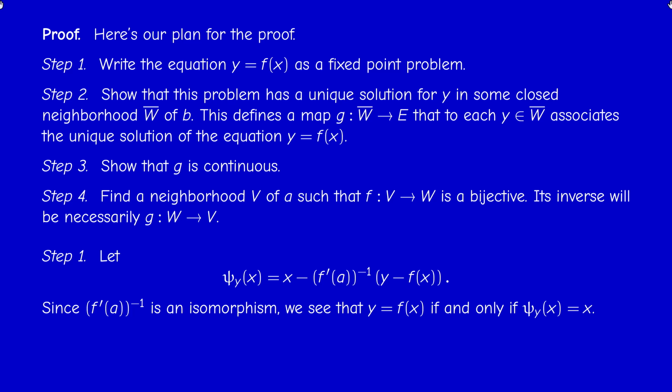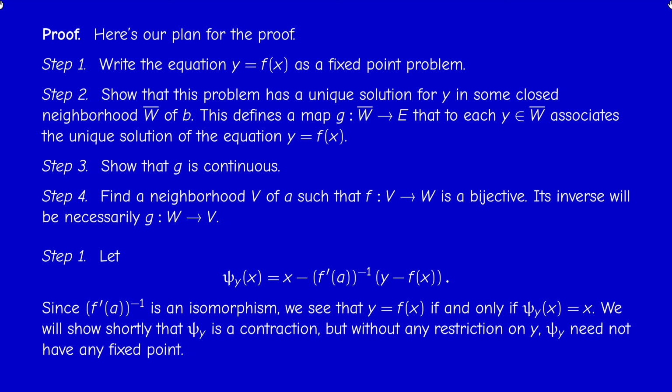Now I have an important tool, the Banach fixed point theorem, to prove that psi sub y has a fixed point. But in general, we have to restrict y to a neighborhood of b, because psi sub y need not have a fixed point if y is not restricted.